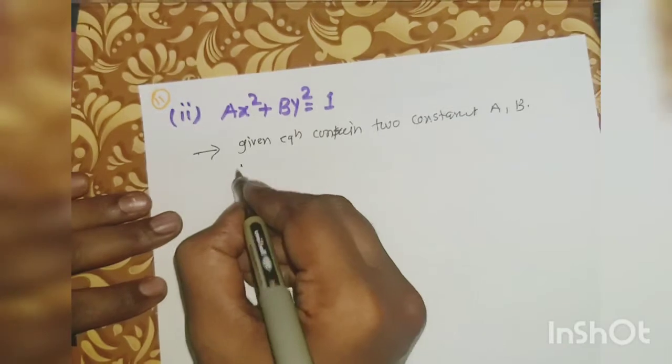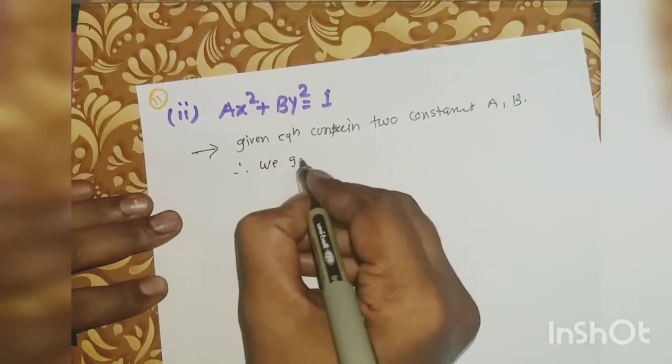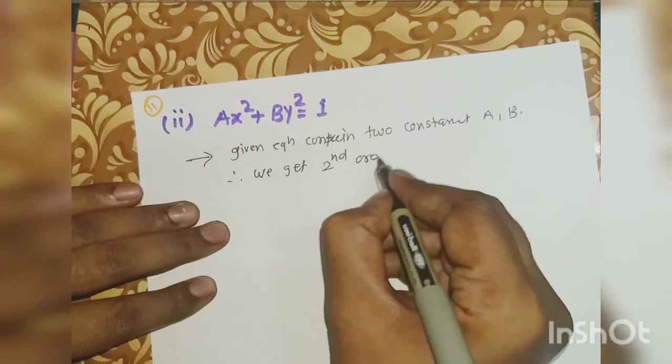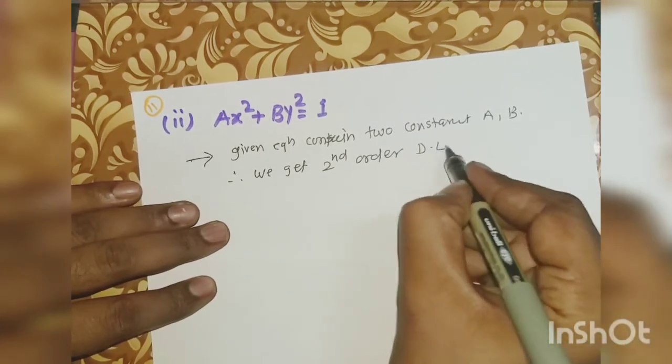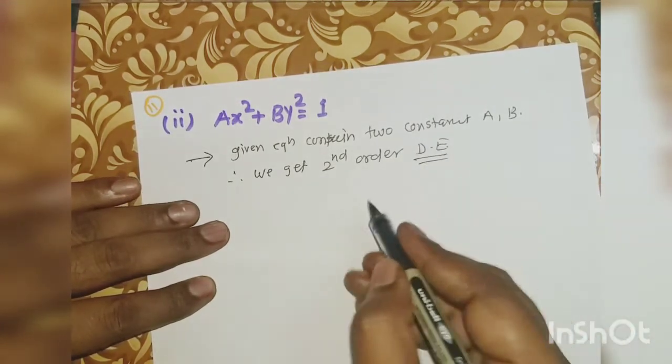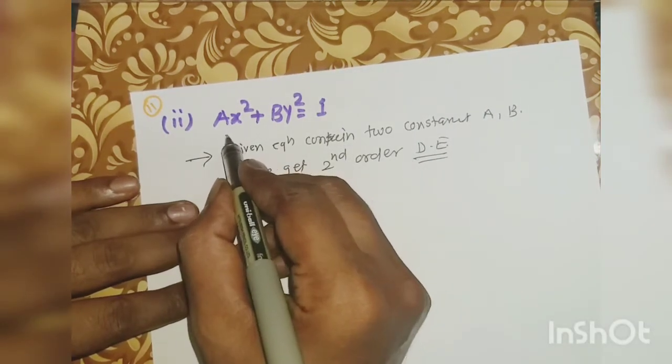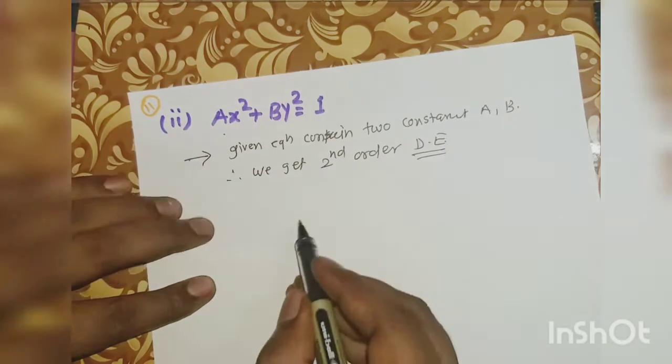Therefore, we get a second order differential equation. If we get a second order differential equation, we differentiate the given equation two times.